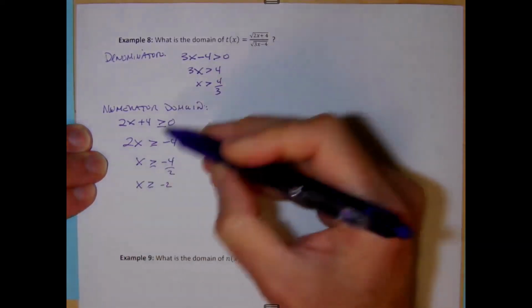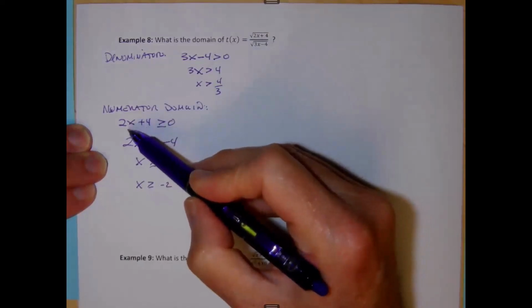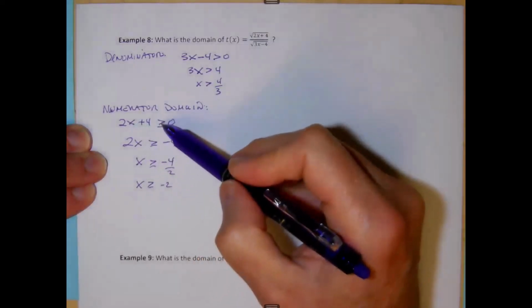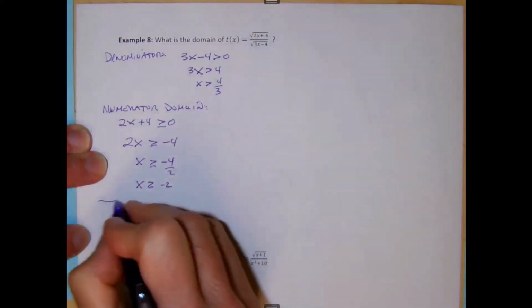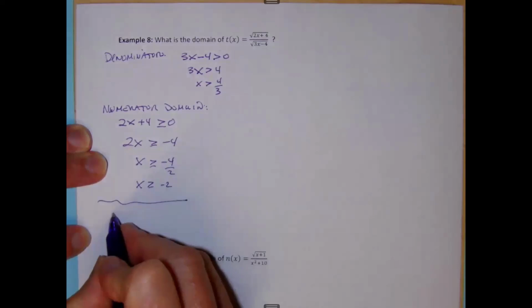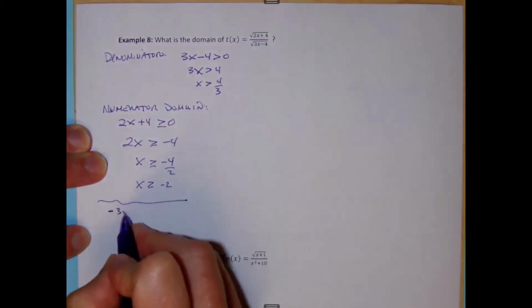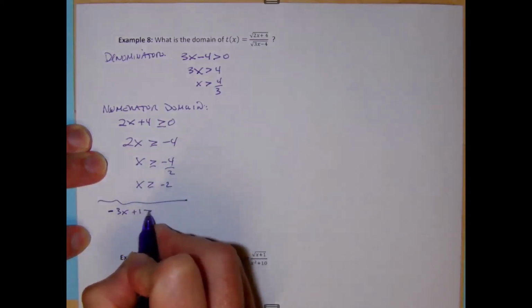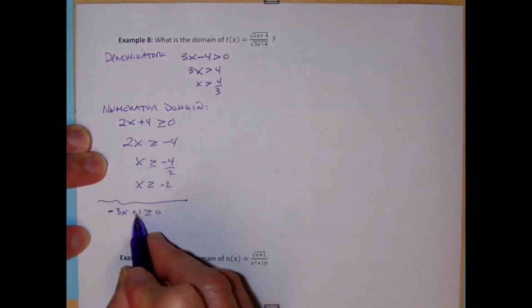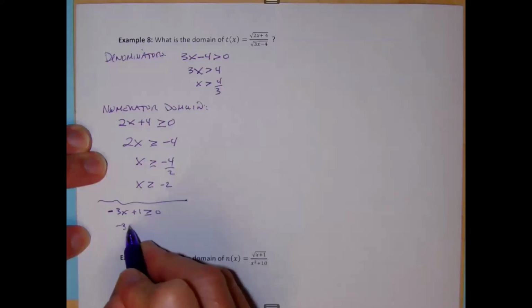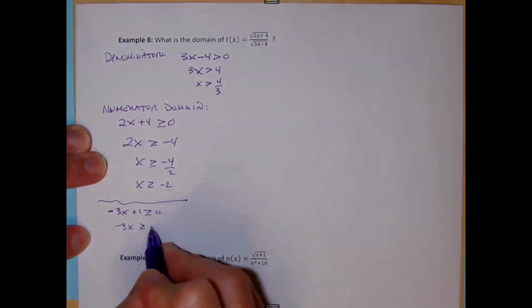Also, a quick reminder, if you divide or multiply during this process of an inequality by a negative, the sign has to be flipped. So a little aside here. For example, if you're trying to solve something like this, subtract 1 from both sides. This is obviously not part of this question.